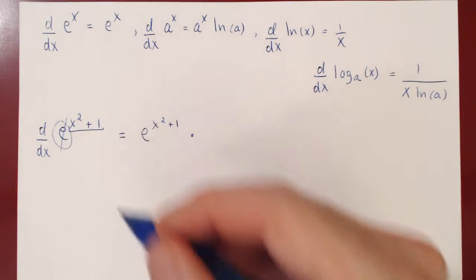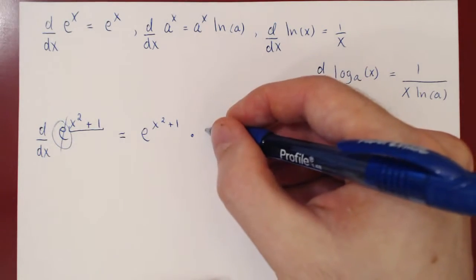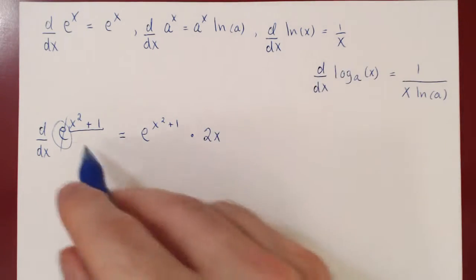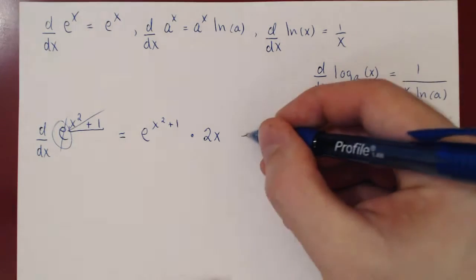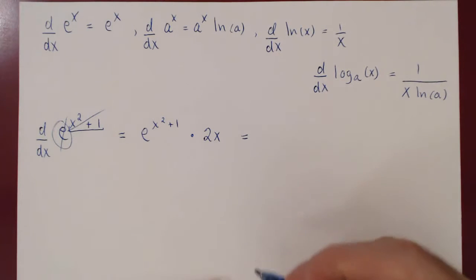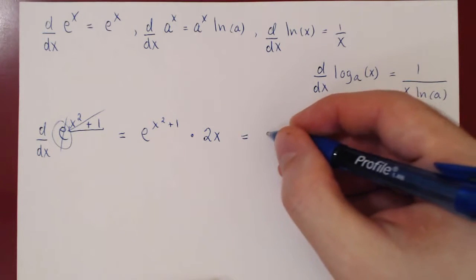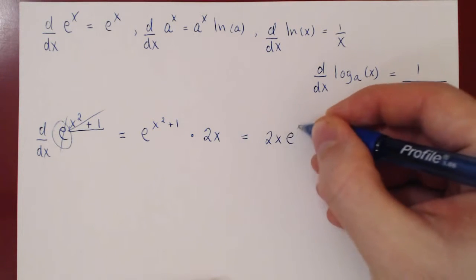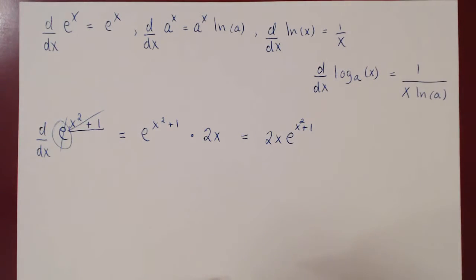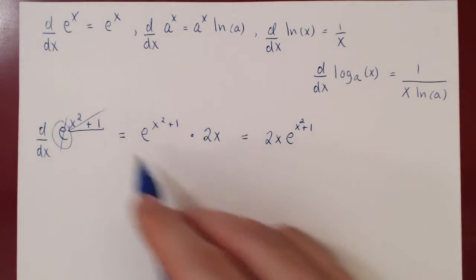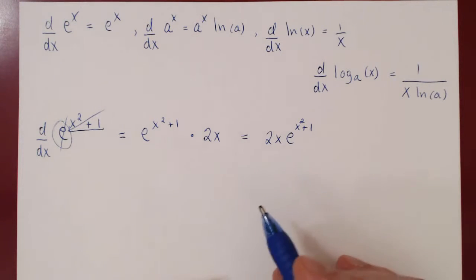What's left over is x squared plus 1. The derivative of this is 2x. There's nothing left over. So we have 2x e to the x squared plus 1, and that's the derivative of e to the x squared plus 1.